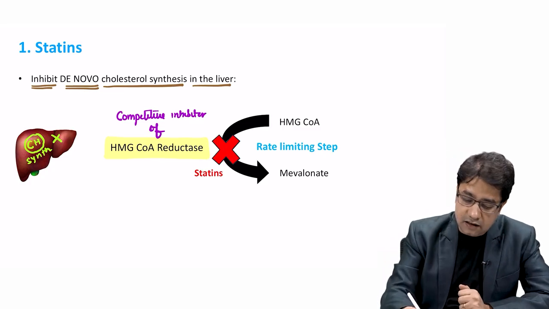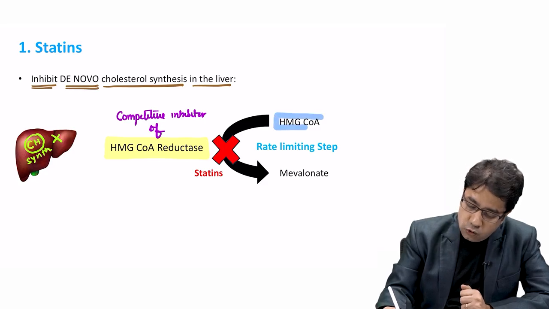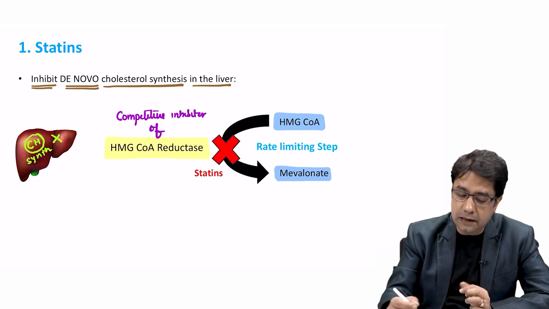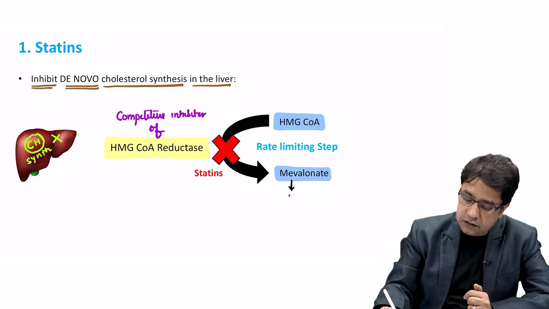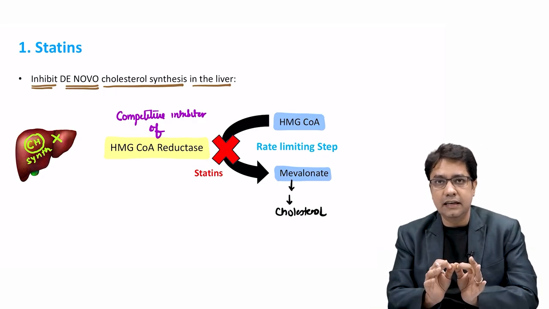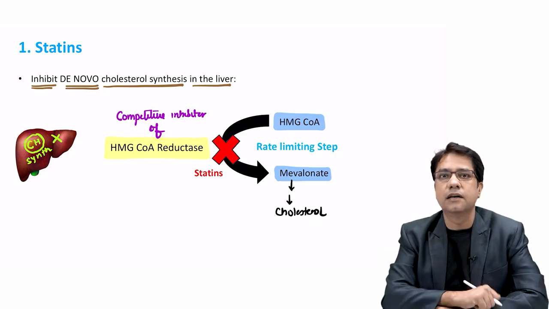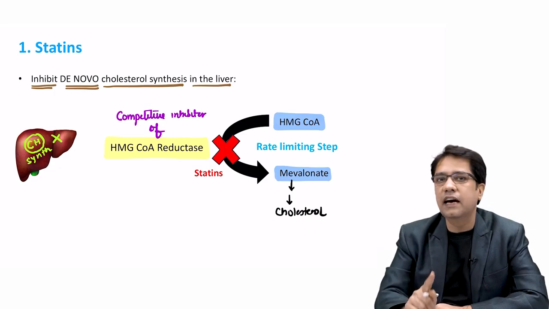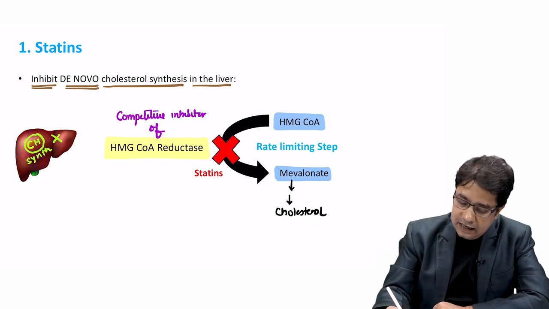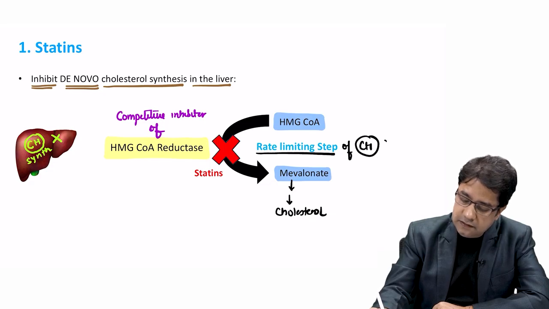It converts HMG-CoA into mevalonate, and this mevalonate, which is produced through various steps, makes cholesterol. So HMG-CoA into mevalonate is the rate limiting step of cholesterol synthesis, carried out by HMG-CoA reductase enzyme, and statins inhibit the rate limiting step of cholesterol synthesis.